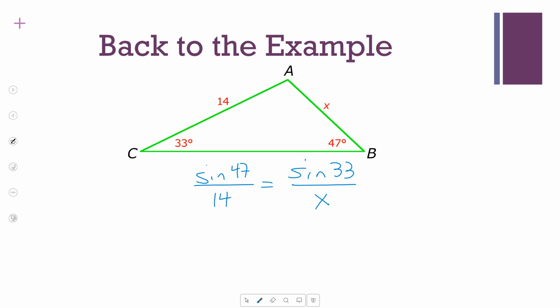Let's proceed. What are you doing there? You got cross multiply. What do we got?